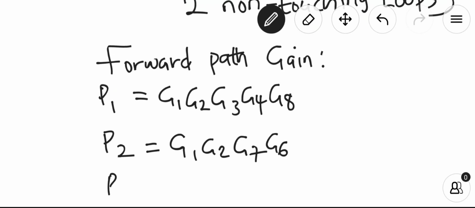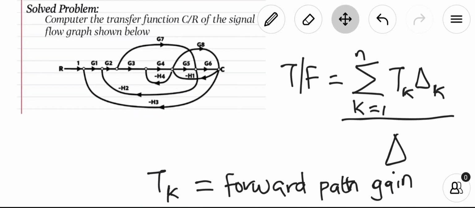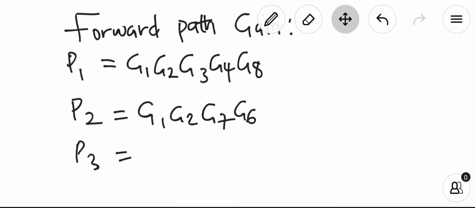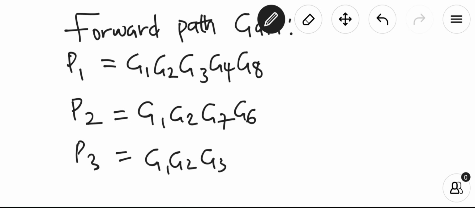And then the next, which is P3, will be just the straight path with gain G1, G2, G3, G4, G5 and G6.